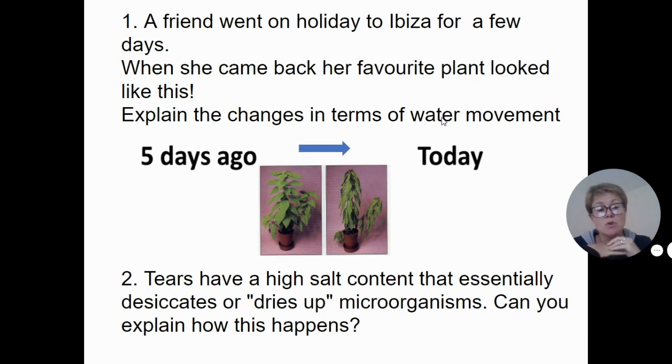So water will move by osmosis out of the cells, out of the bacteria and the bugs, outside of the cell into your tears. So they sort of dry up and dehydrate, just like when you put salt on a slug. Please don't try that, it's not very nice.